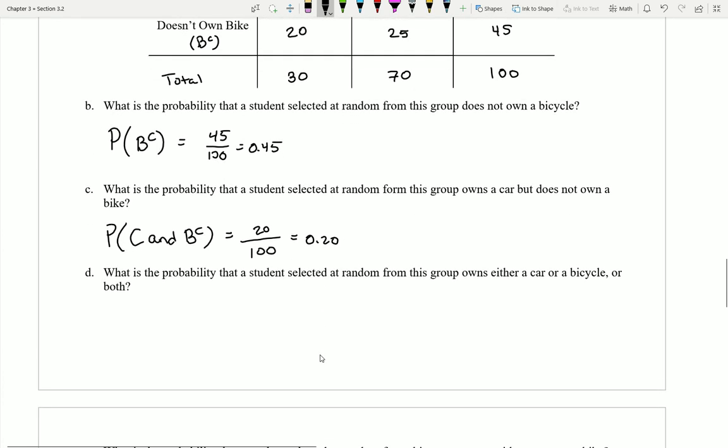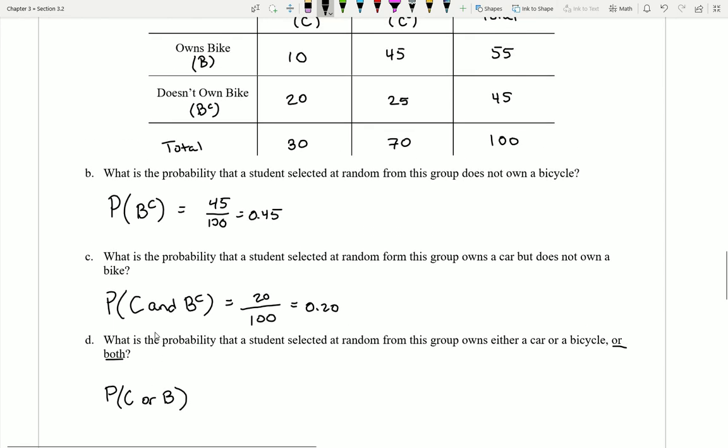If we keep going, what is the probability that a student selected at random from this group owns either a car or a bicycle or both? Notice that when I have this "or both" here, that is covered by the original word or, which allows me to say I'm happy if somebody meets one of the descriptions, and if they meet both of them, that's also okay. So immediately I'm going to think to myself, hey, wait a minute.